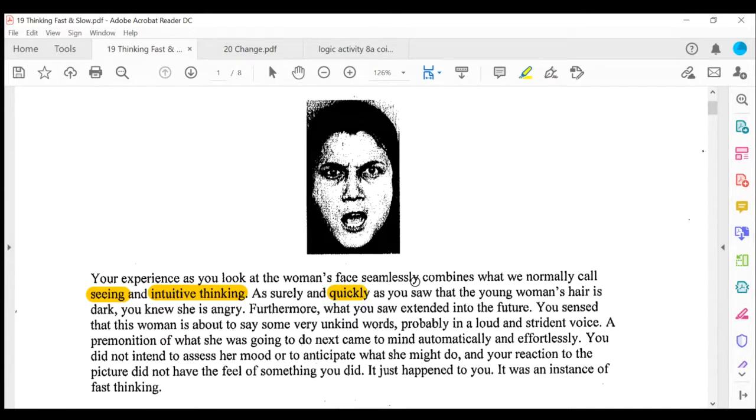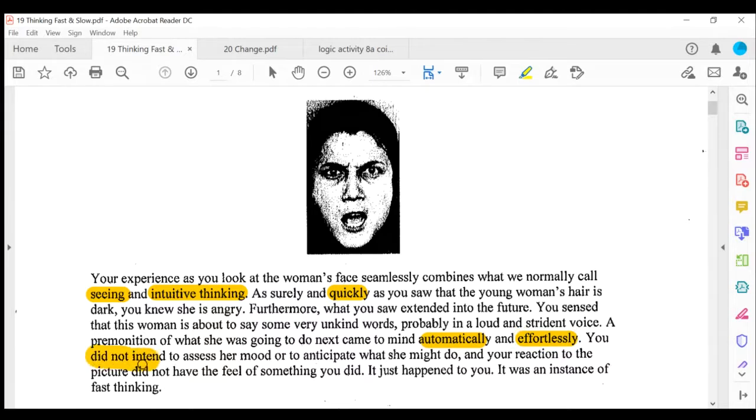Think about how quick it was for you to realize that this is a woman who's angry. "Furthermore, what you saw extended into the future. You sensed that this woman is about to say some very unkind words, probably in a loud, strident voice. A premonition of what she was going to do next came to mind automatically and effortlessly."